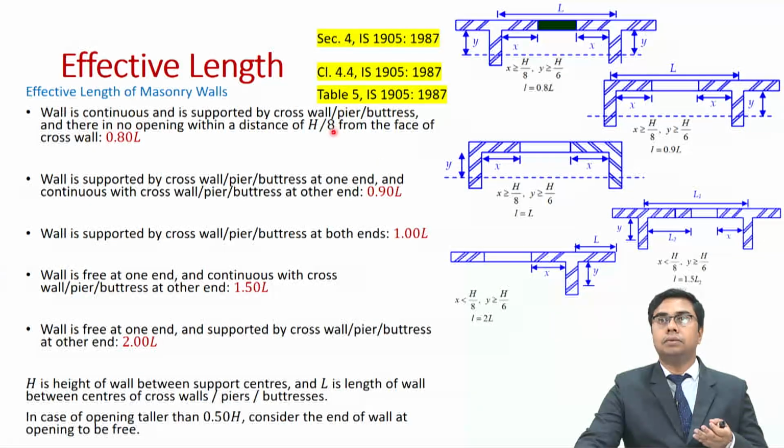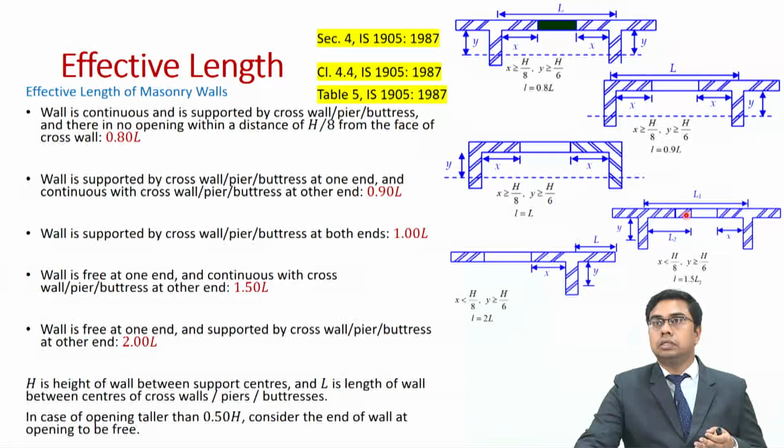All these things are obtained from clause 4.4 and table 5 of IS 1905. You can always have a look. I suggest that you keep a copy of the code ready with you. In the next case the wall is supported by the cross wall or pier or buttress at both the ends, but it is not continuous. So in this case the effective length shall be equal to the length of the wall.